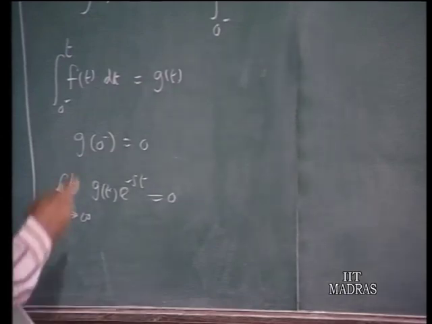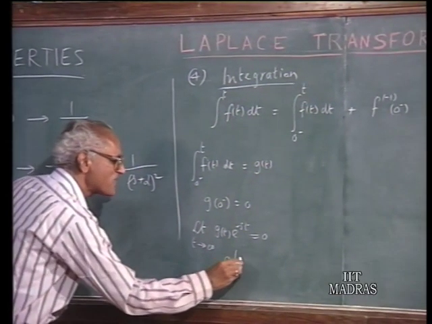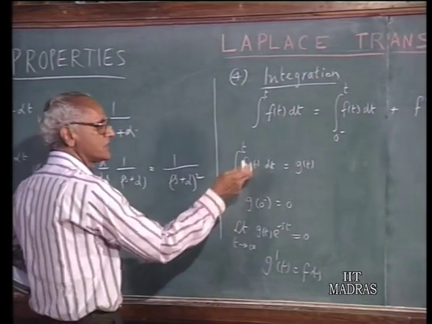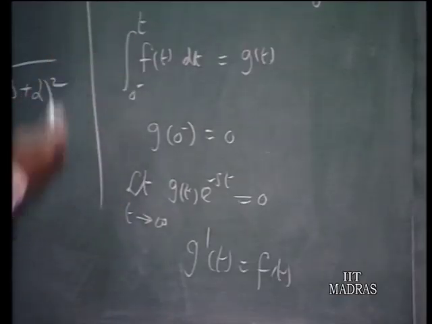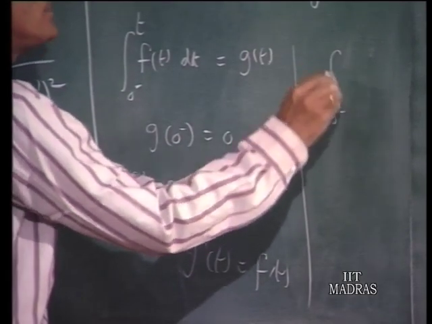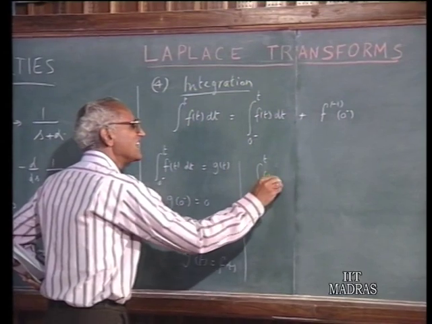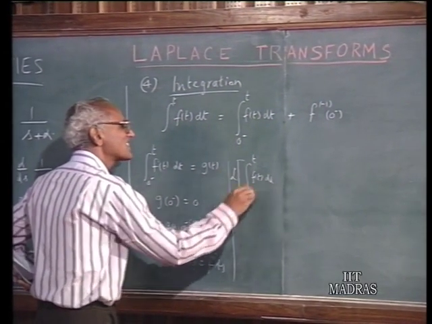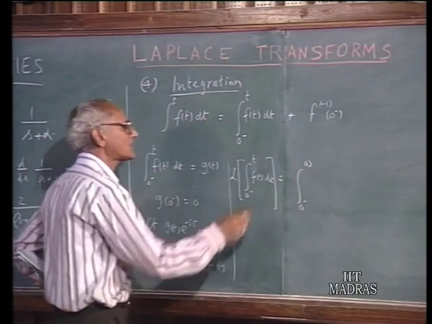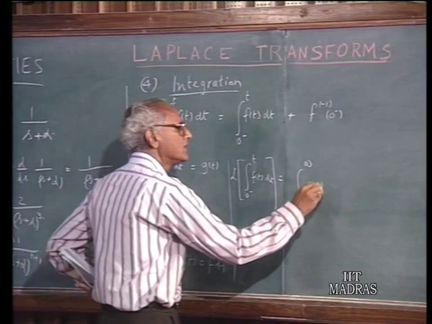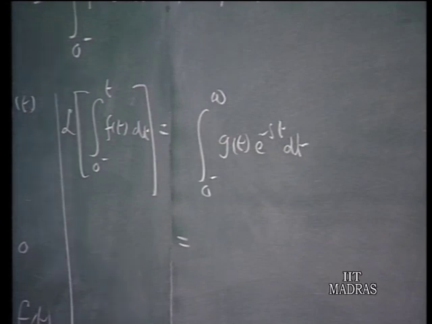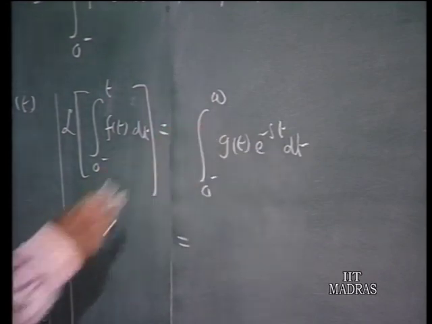With these conditions, we also know that g prime(t), the derivative of g(t), is f(t), because this is the integral of this. The fundamental rule of integration tells us that the derivative of this is going to be f(t). Using this, the Laplace transform of the integral of f(t) dt equals the integral from 0 to infinity of g(t) e to the power of minus st dt, and that would be obtained by integration by parts.